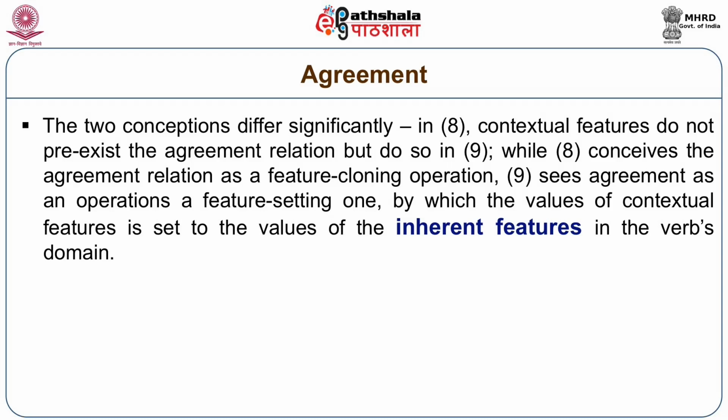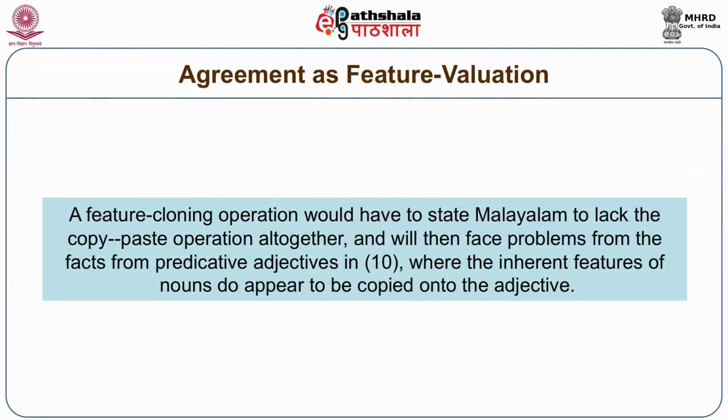Recall our example from Malayalam, where Malayalam does not appear to have any contextual features, even though it does have inherent features. The copy and paste or feature cloning operation would have to say that Malayalam lacks the copy-paste operation altogether. Such an approach will then face problems from the small class of predicates which do show some agreement-like phenomenon.